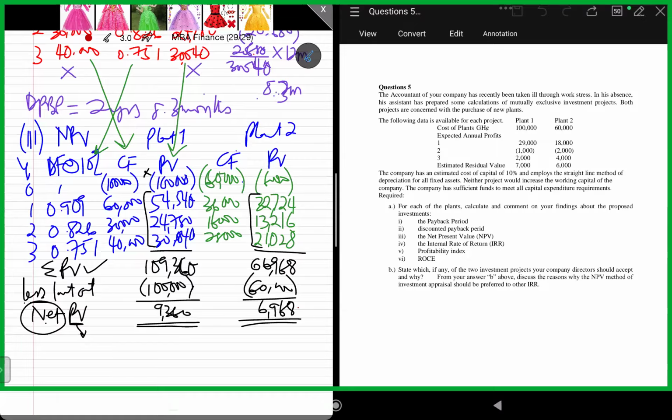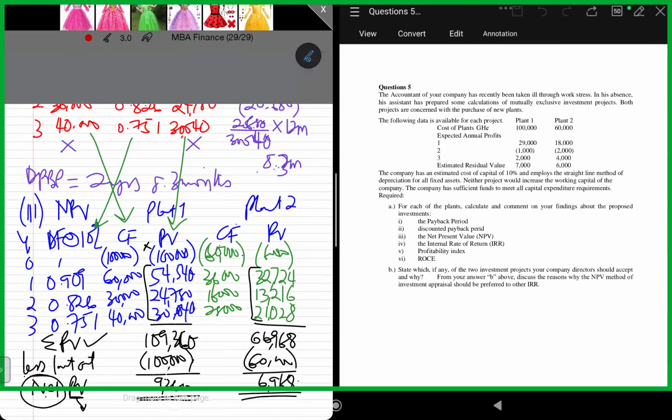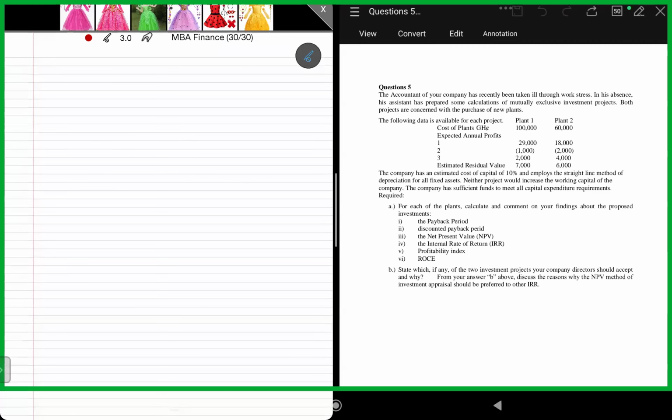Are we good? Here we use the 10% the question gave, but for the new one we're going to compute, we will take our own discount rate or cost of capital. If this cost of capital is giving us a positive figure, then for IRR we will bring in another discount rate.